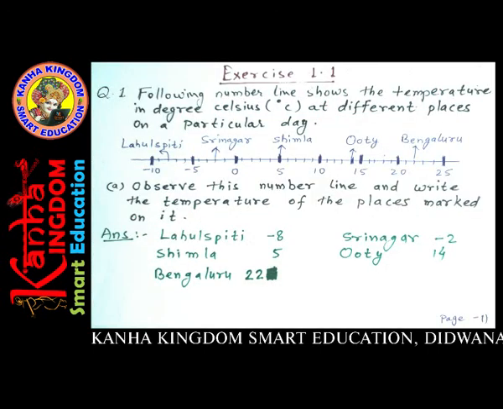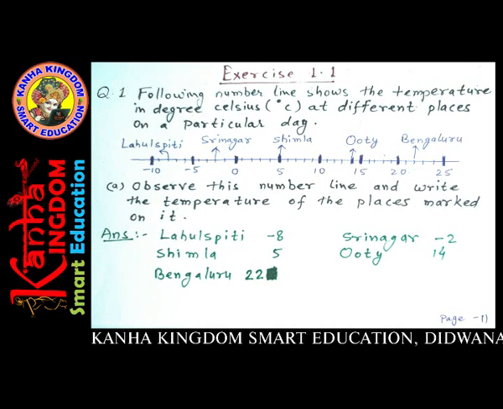Exercise 1.1. Question number 1. The following number line shows the temperature in degree Celsius at different places on a particular day.